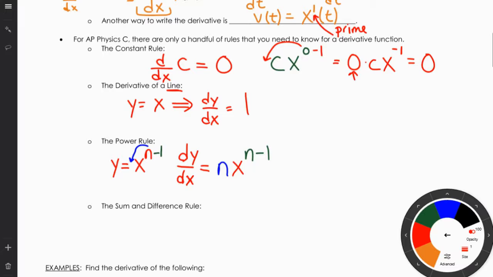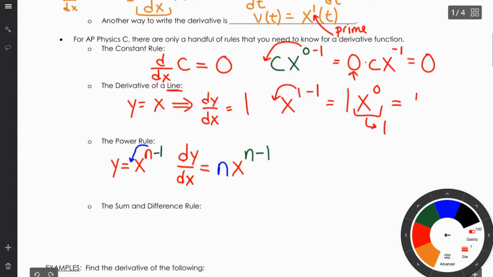Same thing here: my function is x to the first, if I'm doing y equals x. I bring down my exponent and subtract 1 from it. So I have 1 times x to the 1 minus 1, which is x to the 0. Remember, anything to the 0 power is 1. So that just leaves me with whatever my exponent is. There's an example here in a second.